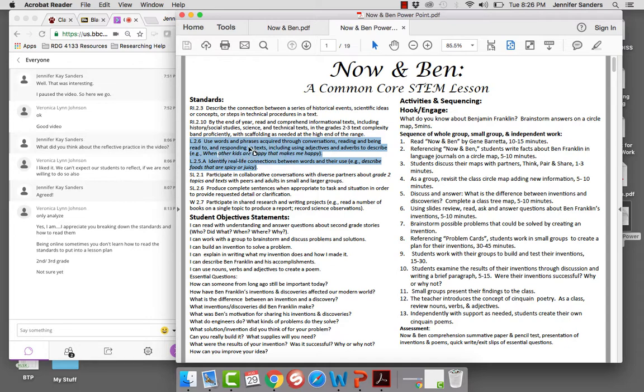That's good. That's still language, and they're using language to respond. And look, it's appropriate because they're using connections. And then identify real-life connections between words and their uses. And again, she's still making connections, so it looks appropriate here. Speaking and listening, okay, and then she has a writing standard.